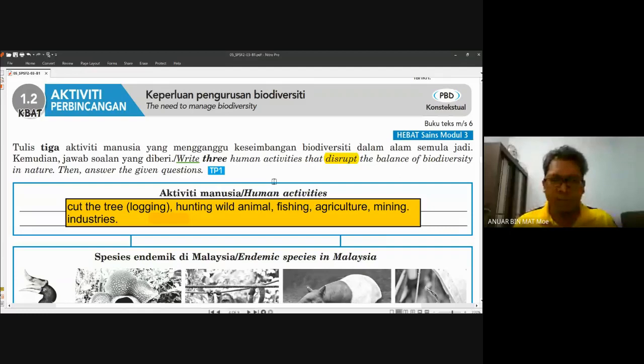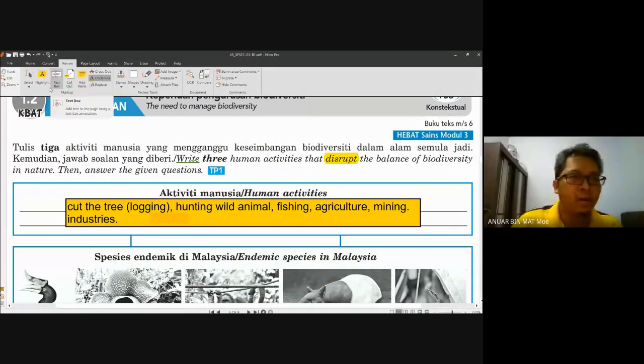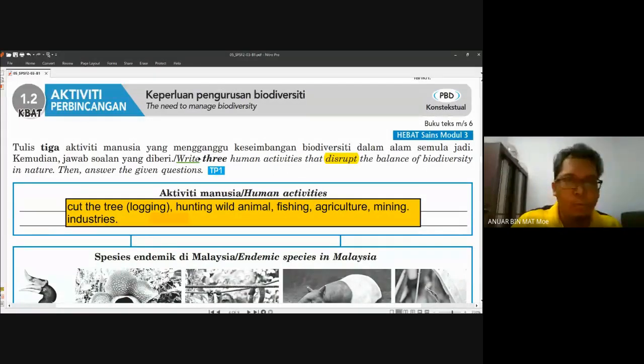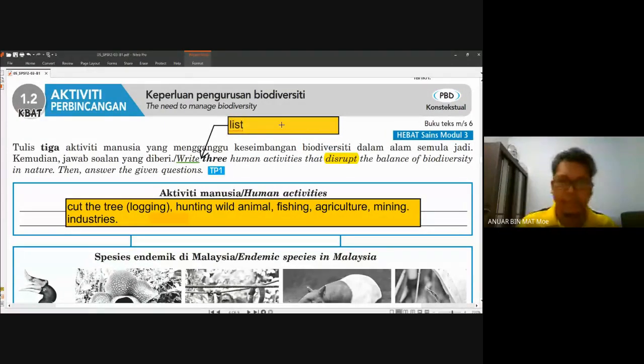Do you need to explain the activity? You no need to explain. If the question asks you only to write, or only to list, L-I-S-T, you no need to write a long answer. No need to explain the activity. You just list it down.